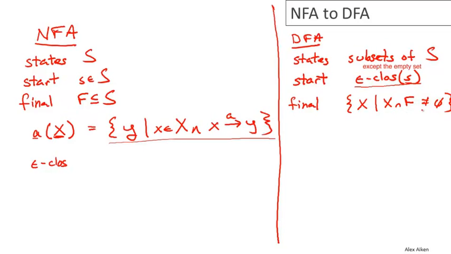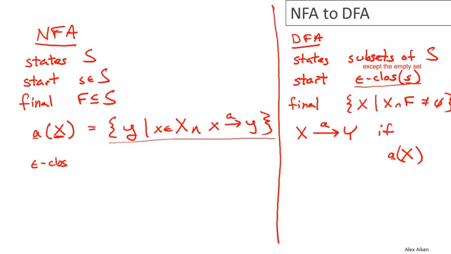And finally, we need to define the transition function. And how do we do that? Well, we need to say that for a given state X and another state Y, when is there a transition between them on some input A? Under what conditions will there be such a transition? Well, let's write them out. So remember, we're in state X. And what do we need to know? Well, we need to know the set of states that we can reach on input A. And we just defined that.